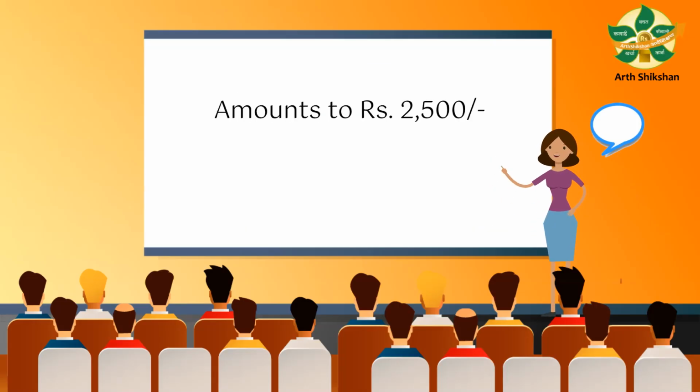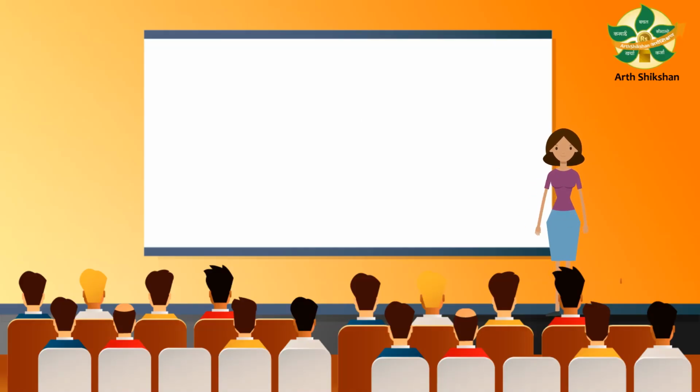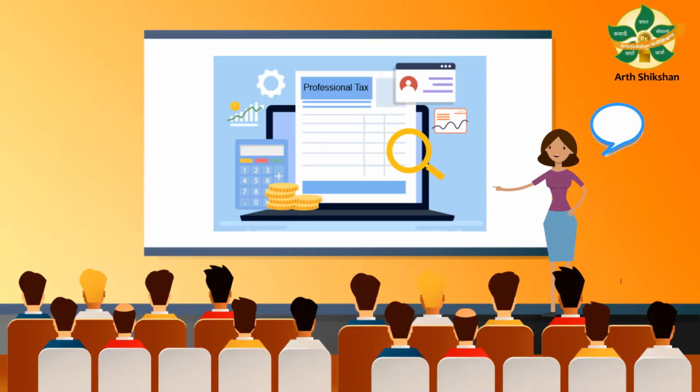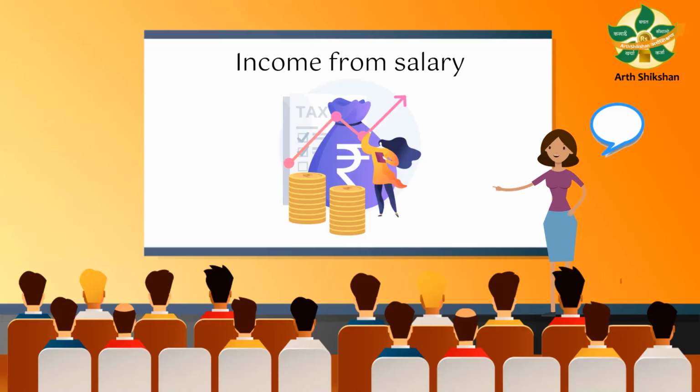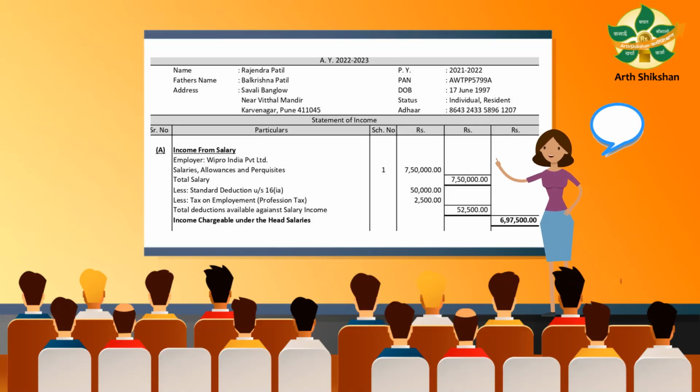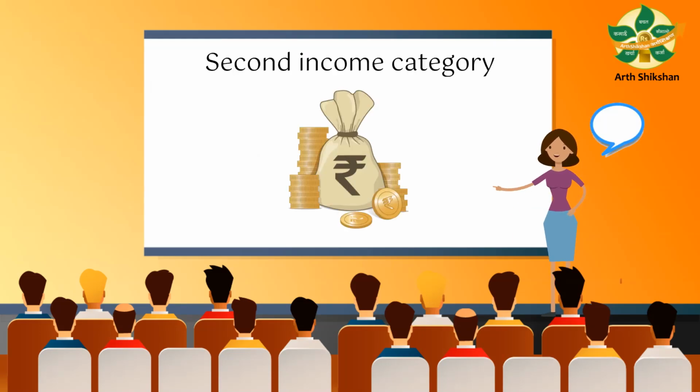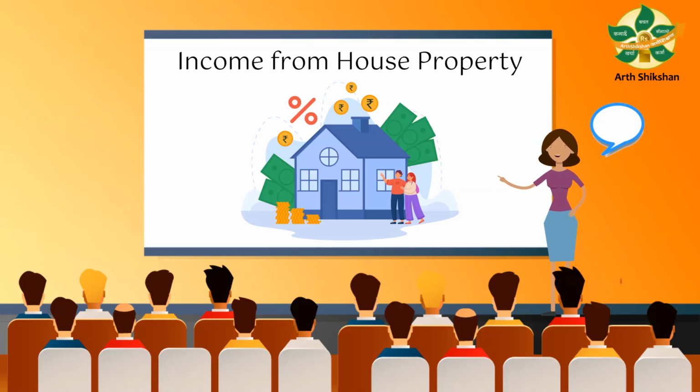Additionally, there is a profession tax deducted by the employer, which amounts to rupees 2,500. Therefore, the net income that is subject to tax under the income from salary category is rupees 6,97,500.